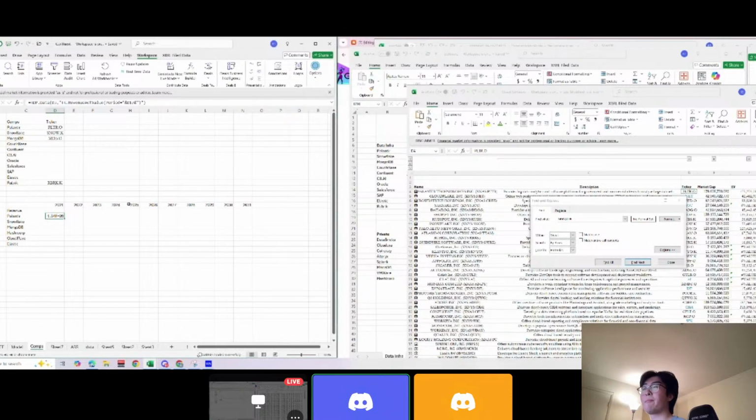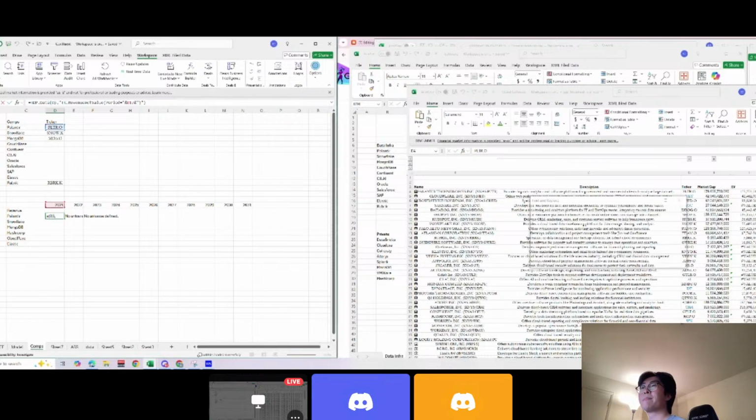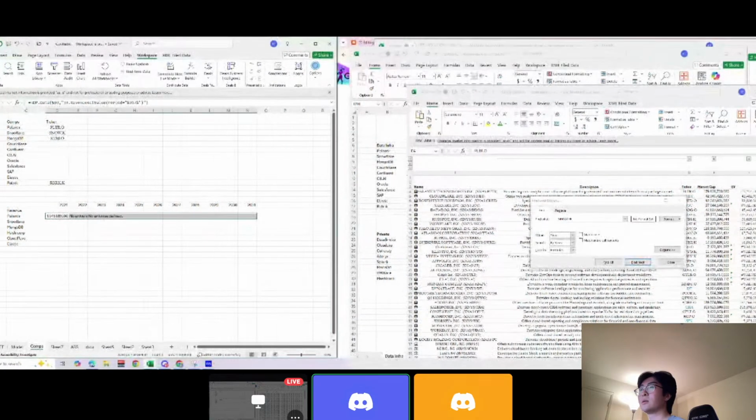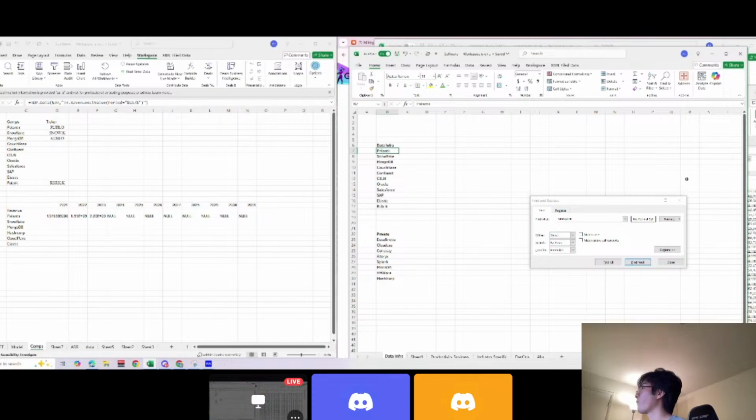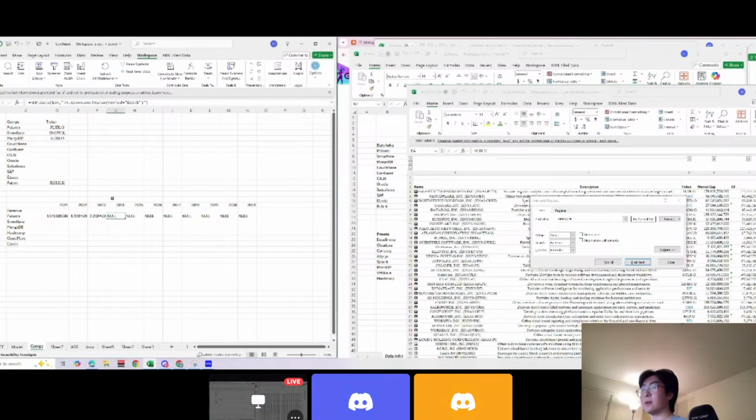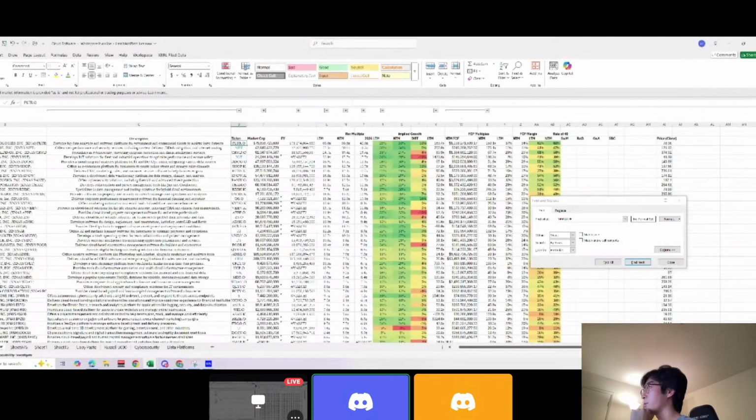Let's see. Forecast. I guess we'll have to change this on Monday. That's when I think Palantir reports earnings.